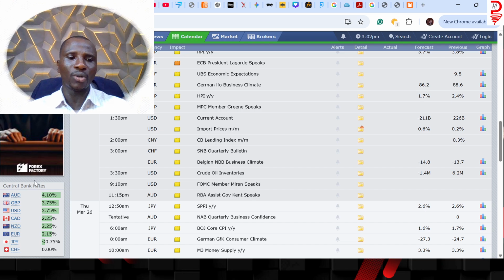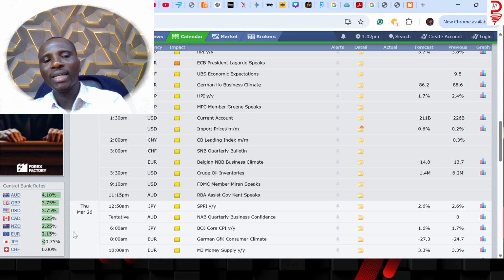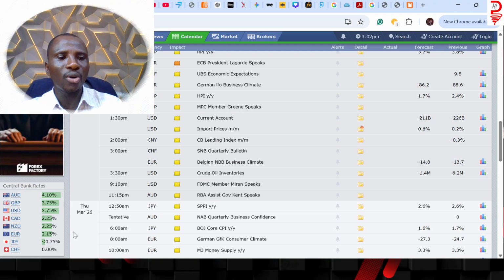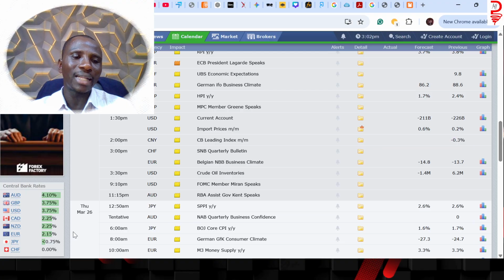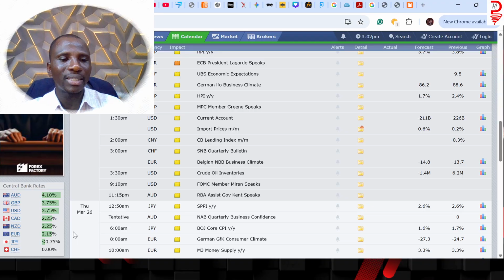So quickly, before we dive into the sentiment and the technical analysis, let's just overview the interest rates of the 8 major currencies of the world, starting from the Australian dollar, which maintained 4.10% for the interest rate, followed by that of the Great British Pound, which stood at 3.75, followed by the United States, which also maintained the same interest rate of 3.75%.